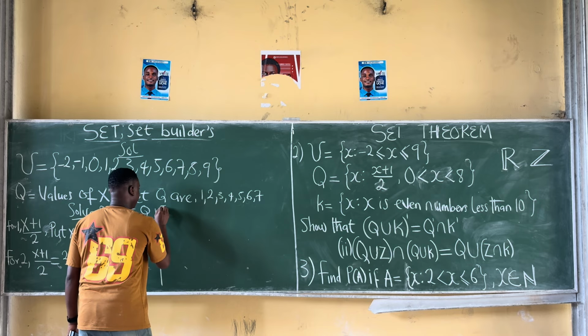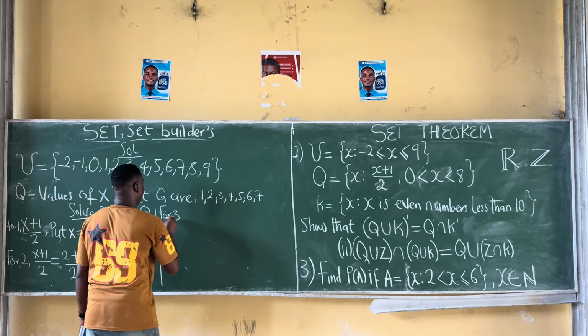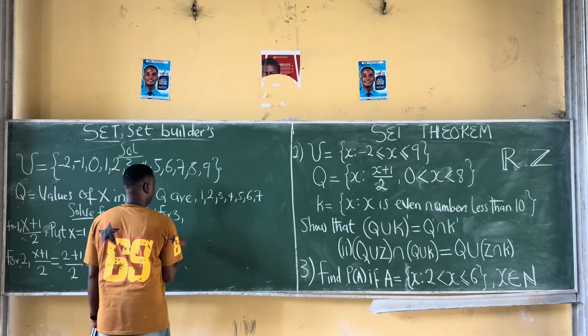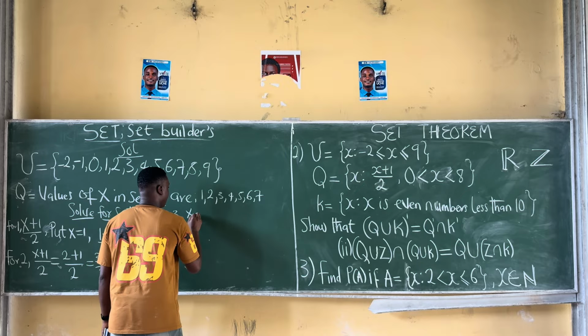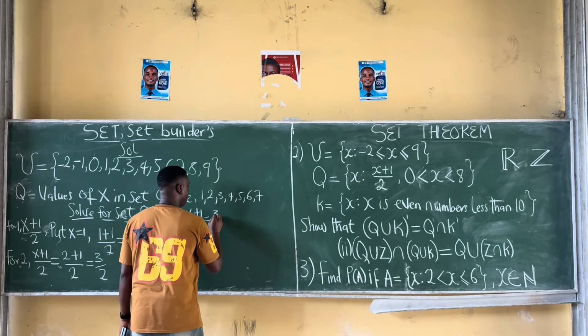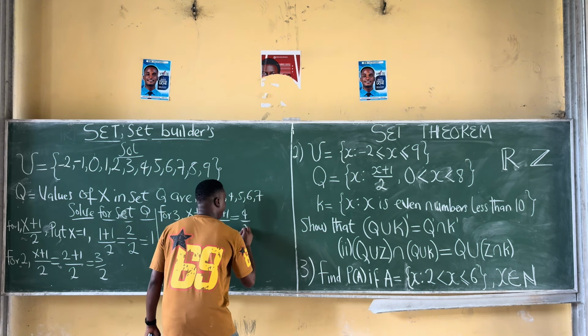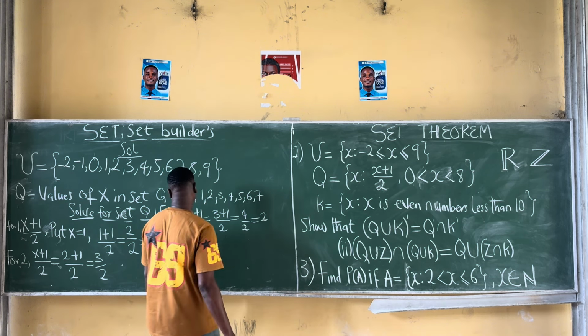So for 3, (x plus 1) over 2 is equal to (3 plus 1) over 2, which is equal to 4 over 2, which is equal to 2.